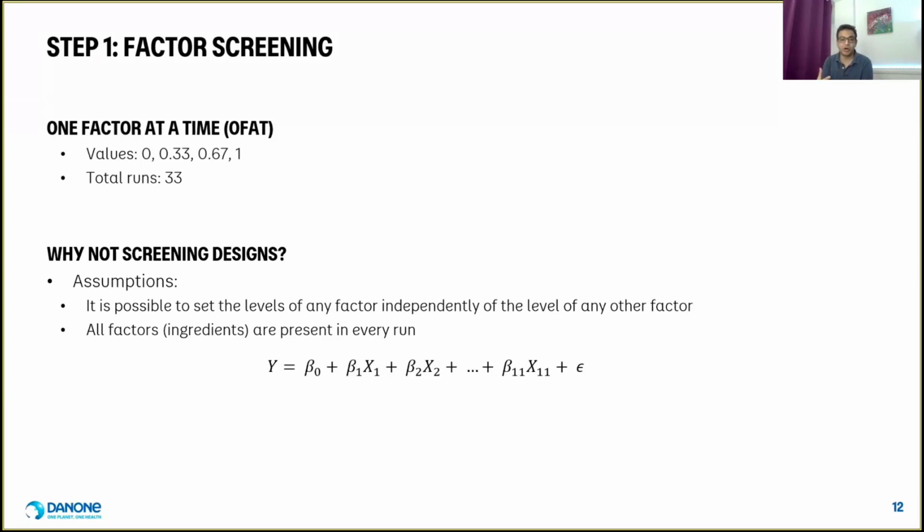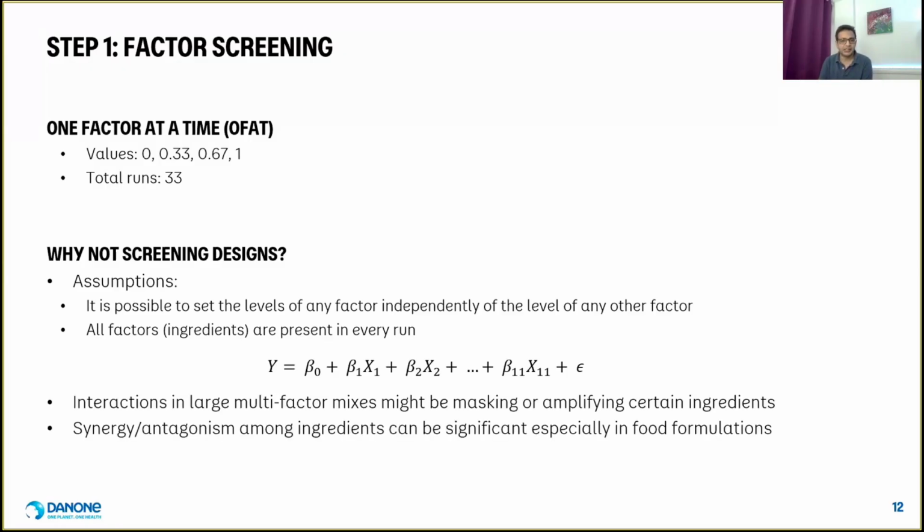And secondly, when we think about modeling of a screening design, we build just 1 model and look at our parameter values. But in this particular case, that is not possible, because as soon as we start putting more ingredients in, we are moving away from our project objective. And finally, we didn't consider any interaction at this stage. First of all, it's just going to increase the number of runs drastically.